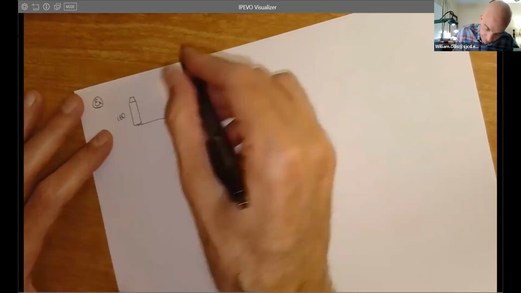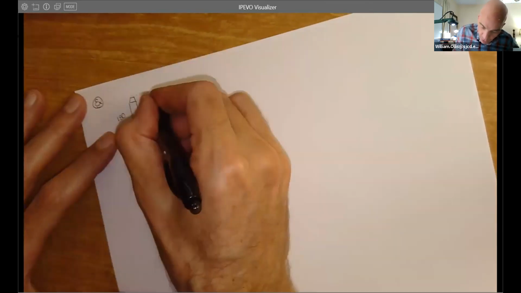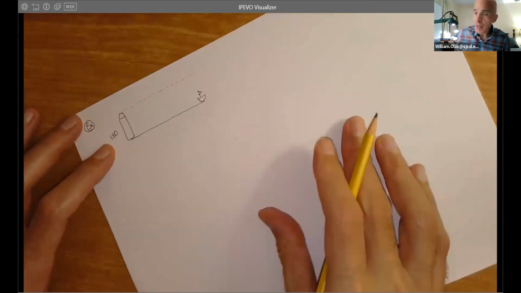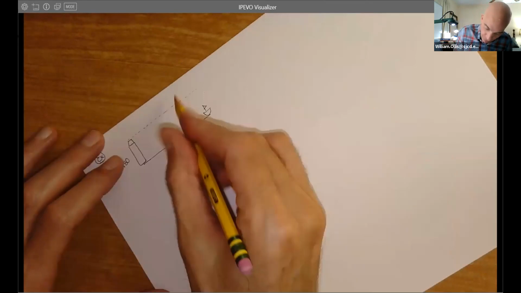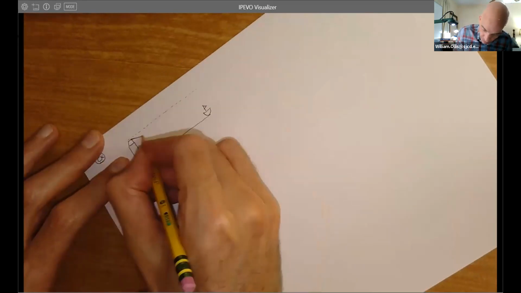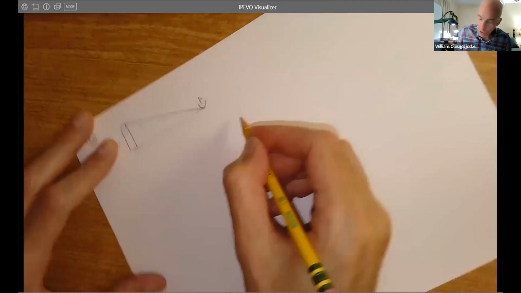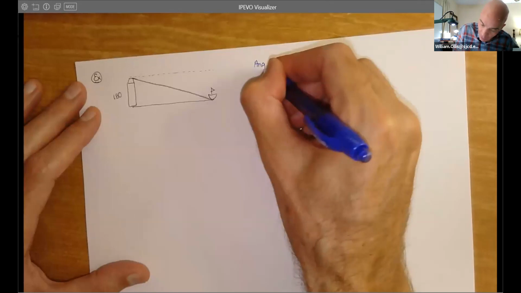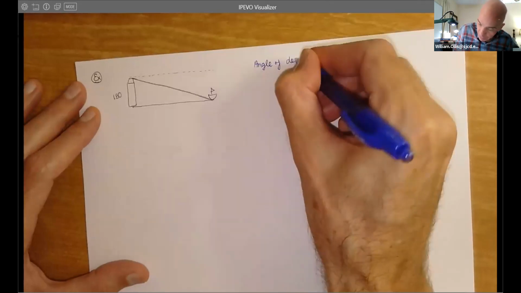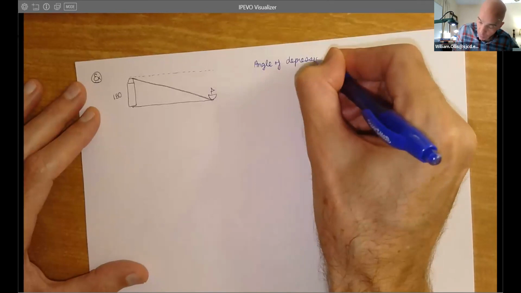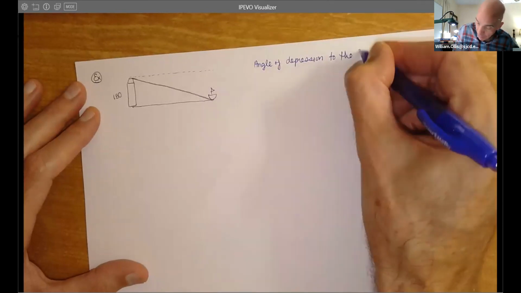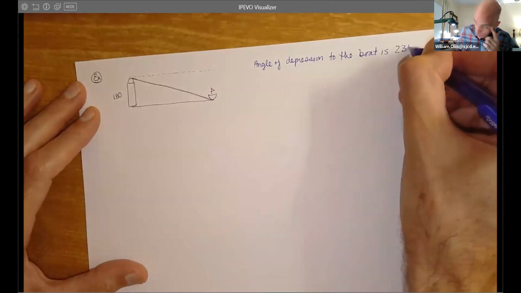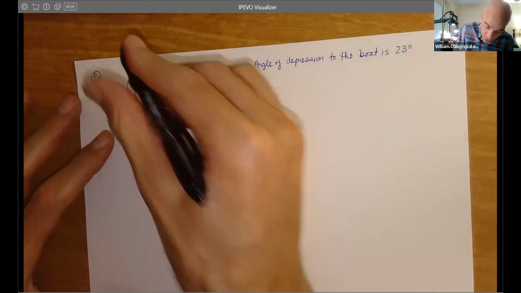And we construct a horizontal, and we're given that the angle of depression to the boat is 23 degrees. So we can put 23 degrees here.